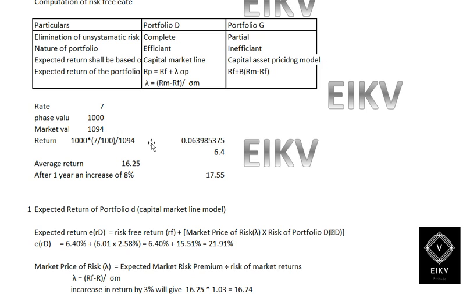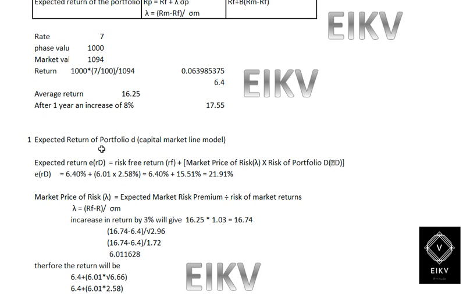That is 1000 into 7 divided by 100 divided by 1094, which gives you 6.39, which is approximately 6.4%. Average return would be 16.25, and after 1 year the return would increase by 8%. That is 16.25 into 1.08 will give you 17.55%.